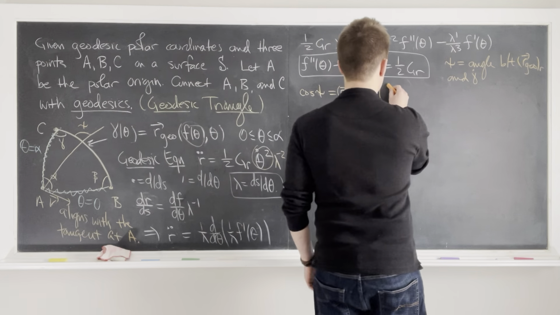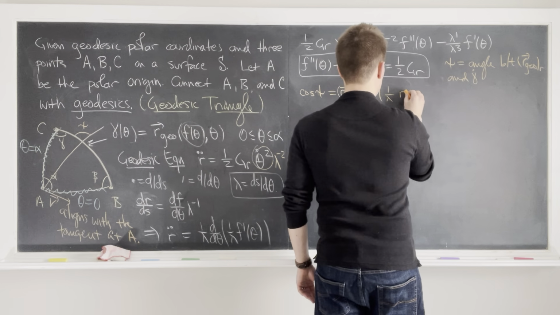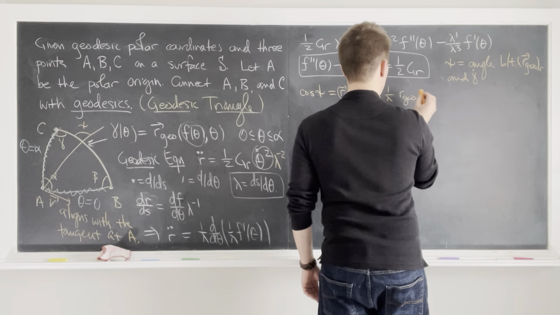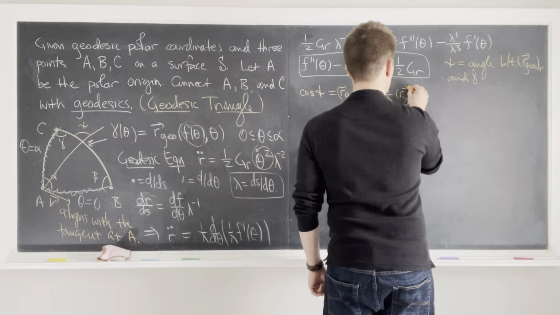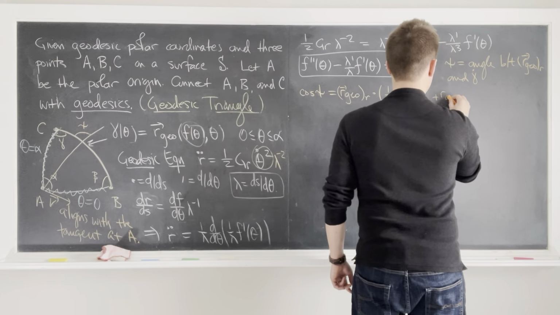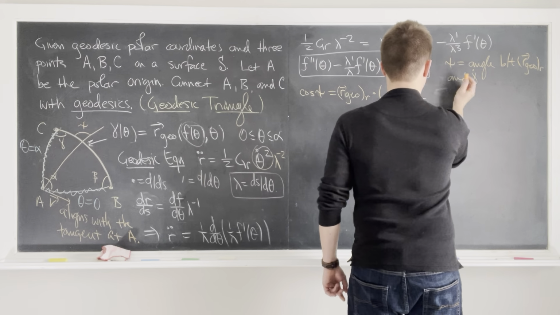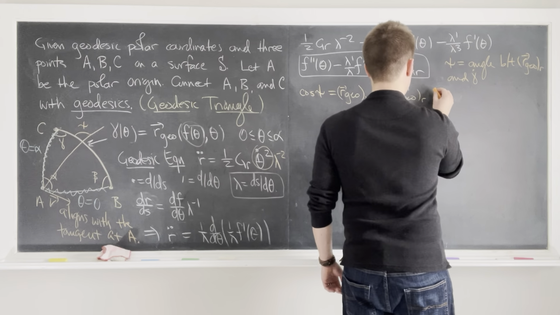So that's going to be a 1 over lambda. Theta derivatives of everything, right? So 1 over lambda, and then r geo r plus r geo theta. And then, of course, f prime of theta over here, right? F prime of theta.